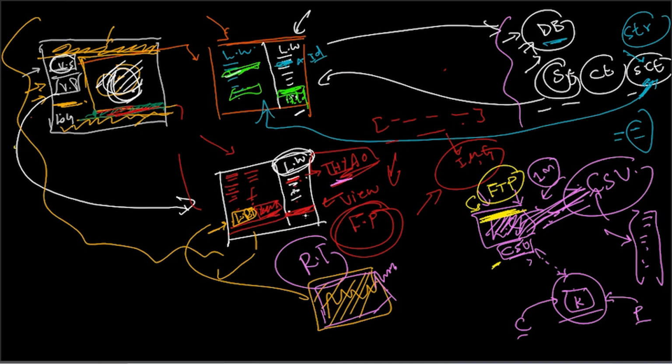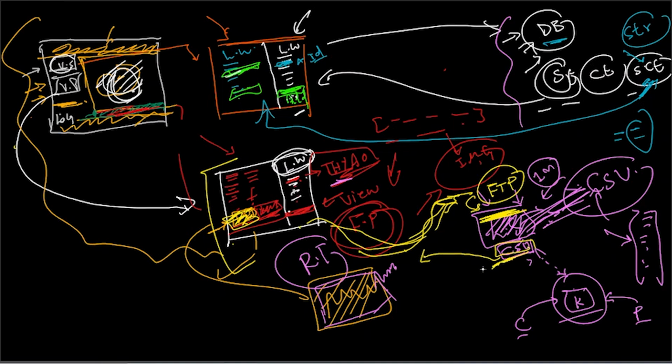Basically, we want to connect this application to this FTP server. Whenever I click this button, which says view real time, I want you to connect to this FTP server, and once you connect there, I want you to extract the real-time data from this CSV, because the CSV will be filled up with prices once in a while.